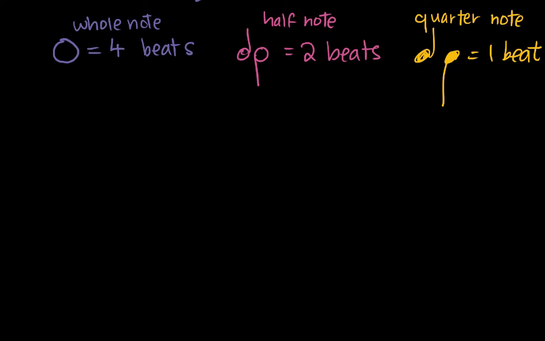Let's take a closer look at the relationship between them. At the top, you have a whole note, which can be made of 2 half notes. Each half note can be made by 2 quarter notes.